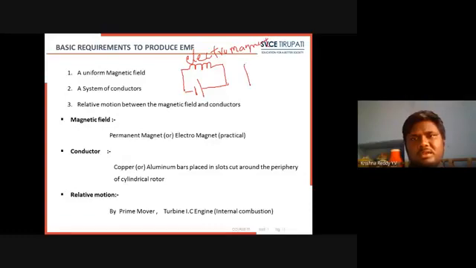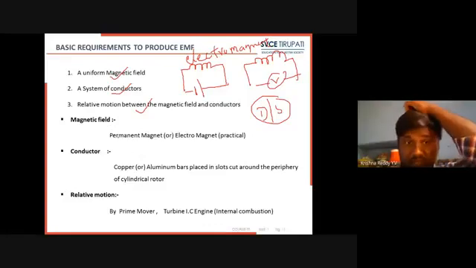In this electromagnetic field, we place another conductor having some relative motion between the two. A uniform magnetic field, a system of conductors, and relative motion between the magnetic field and conductors. Then we get either dynamically induced EMF or statically induced EMF.